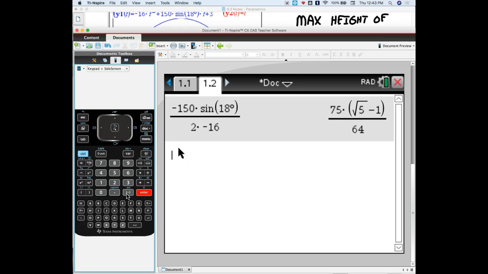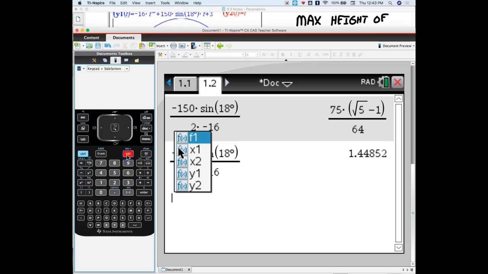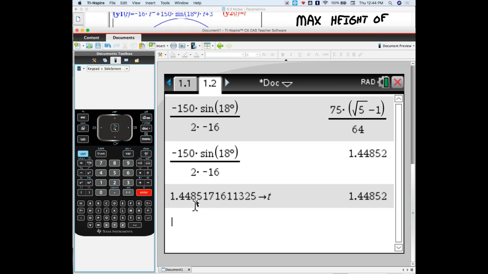Okay. Now that gives me a funky type of answer. If I wanted to get the exact value of that, I would hit Control Enter. That gives me that 1.44852 seconds, and I'm going to store that value as t.